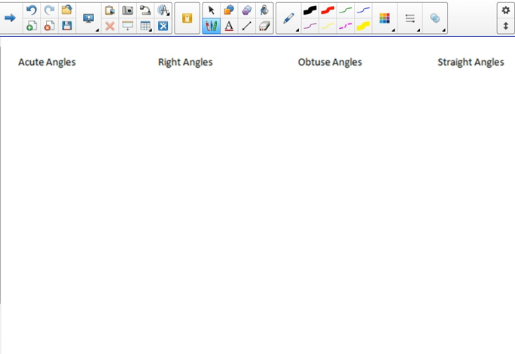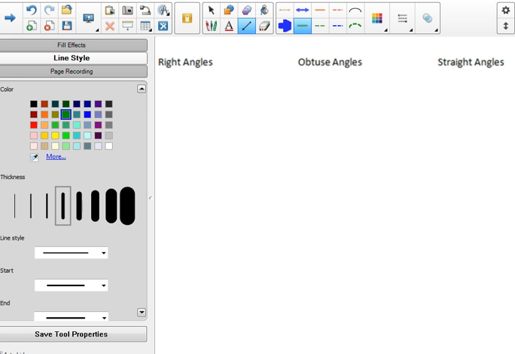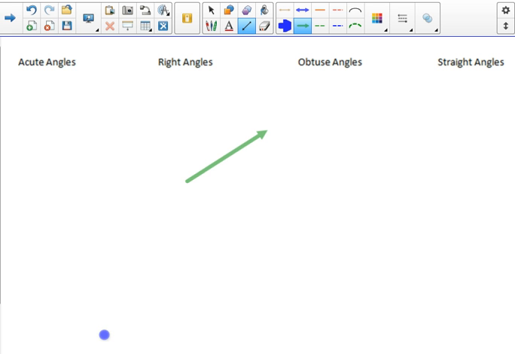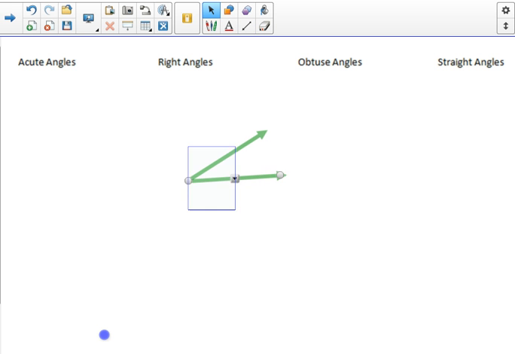A bit of a review, if you recall, acute angles are angles, let's set up a tool here that makes sense. Alright, this should work. Okay, so acute angles, of course, would be ones that are less than 90 degrees.